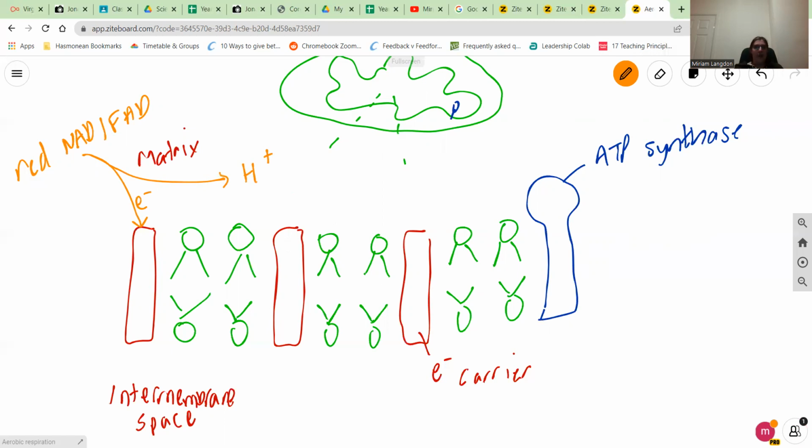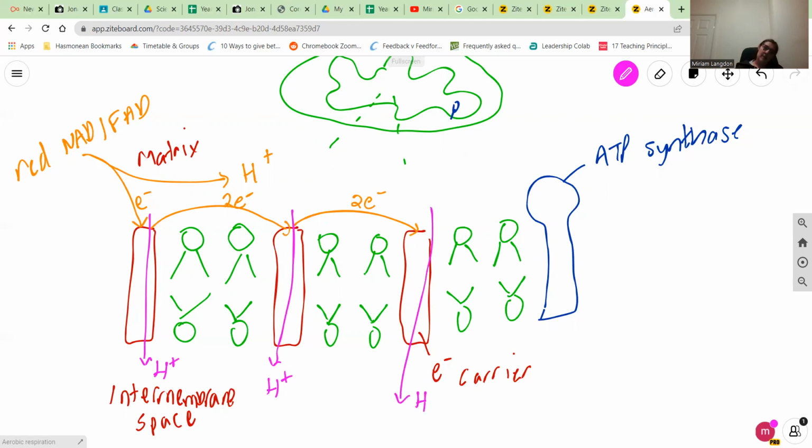The electrons will then be passed down the series of electron carriers by a series of oxidation and reduction. During that process, the electrons will lose energy, and that energy will be used to pump protons through these electron carriers. That builds up the concentration of protons in the intermembrane space.